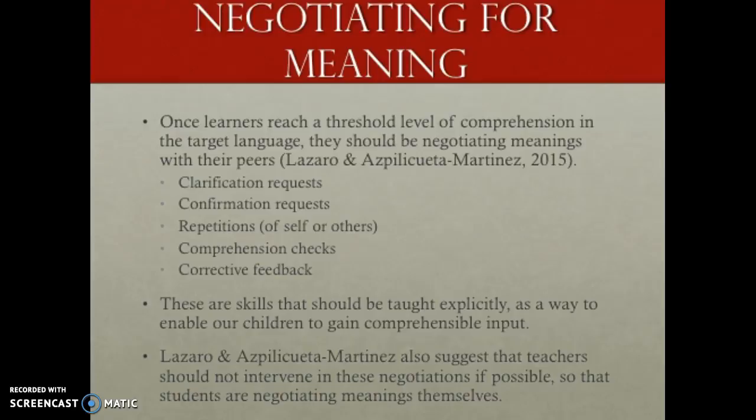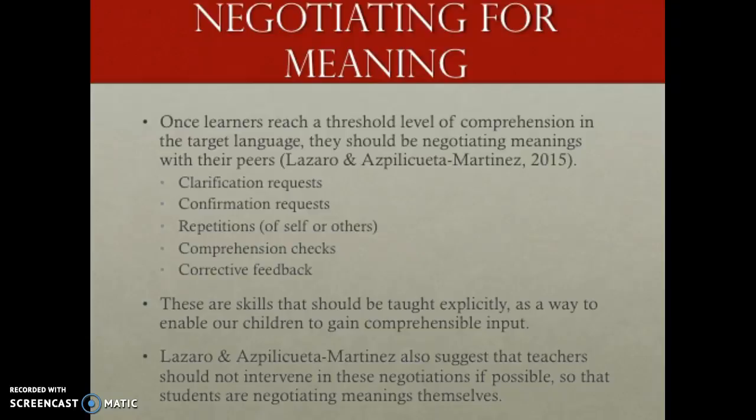These negotiations come in the form of clarification requests, such as, "Did you say this?", confirmation requests, asking for comprehension if they are correct, for repetitions of themselves and of others, and even giving corrective feedback to their peers. Because these are so vital in gaining comprehensible input, these are skills that should be taught explicitly as a way to enable our children to get that input.